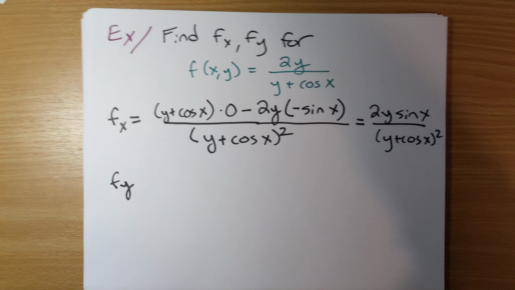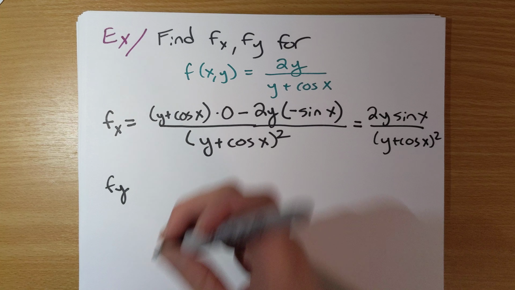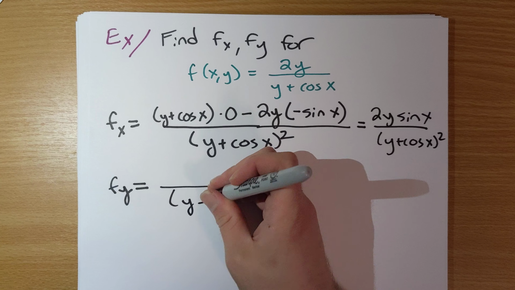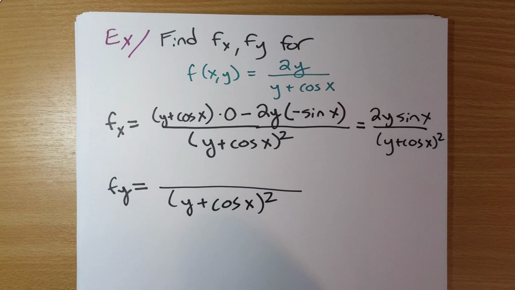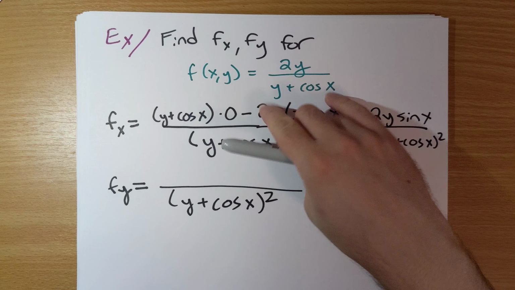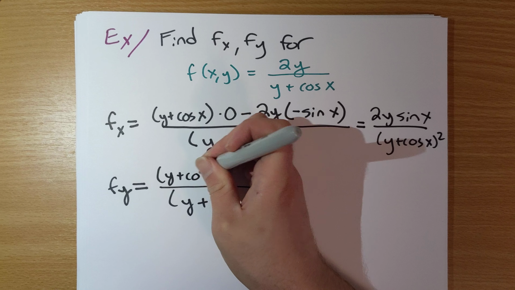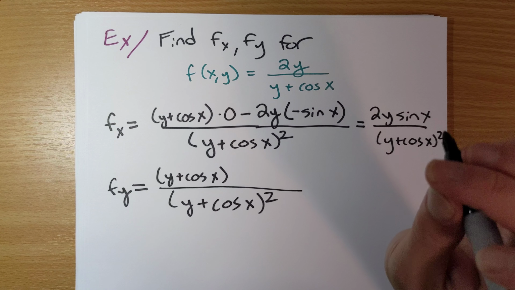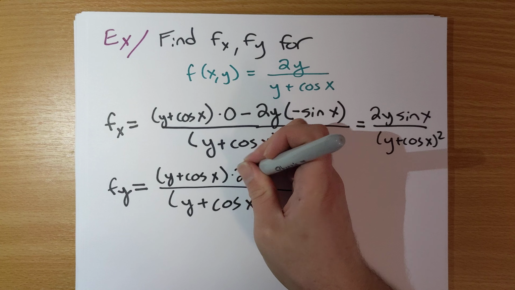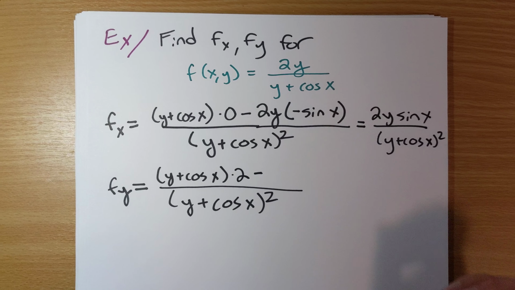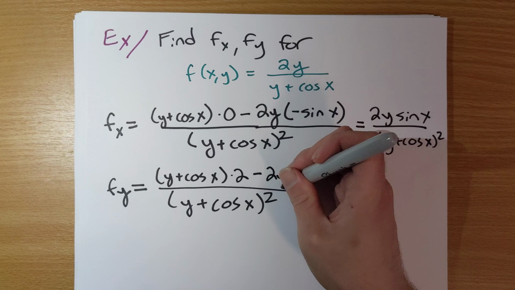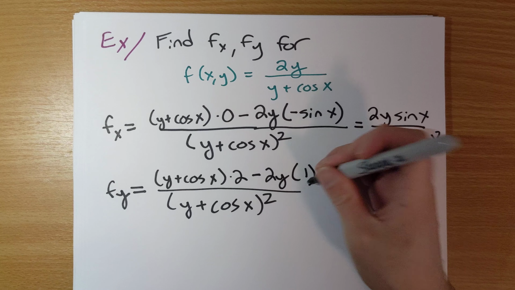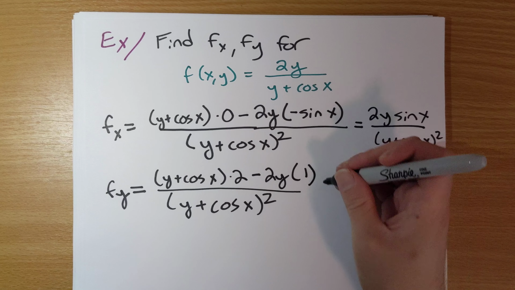For the partial derivative with respect to y, I'll just go ahead and do the denominator squared. Now it's the low function, y plus cosine x, times the partial derivative of the top function with respect to y, which is 2, minus the top function 2y times the partial derivative of the denominator with respect to y, and that's going to be 1.